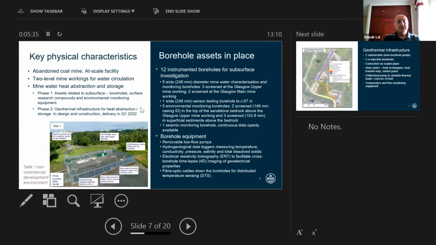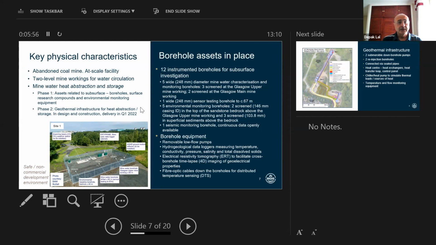In terms of the physical characteristics of the site, it's an abandoned coal mine, an at-scale facility to do really high quality research. We're working through 2 levels of mine workings for water circulation. And in phase 1, we've got the subsurface infrastructure for heat abstraction and storage.